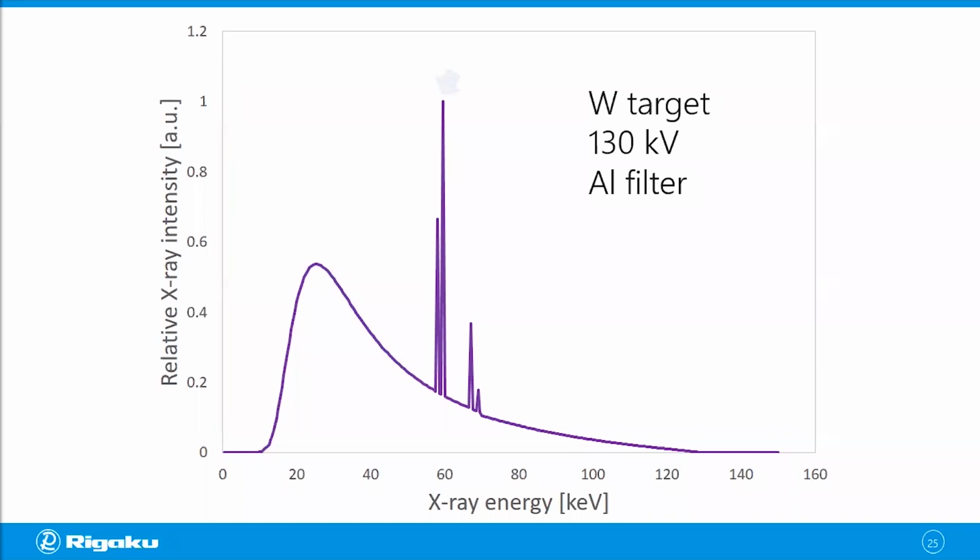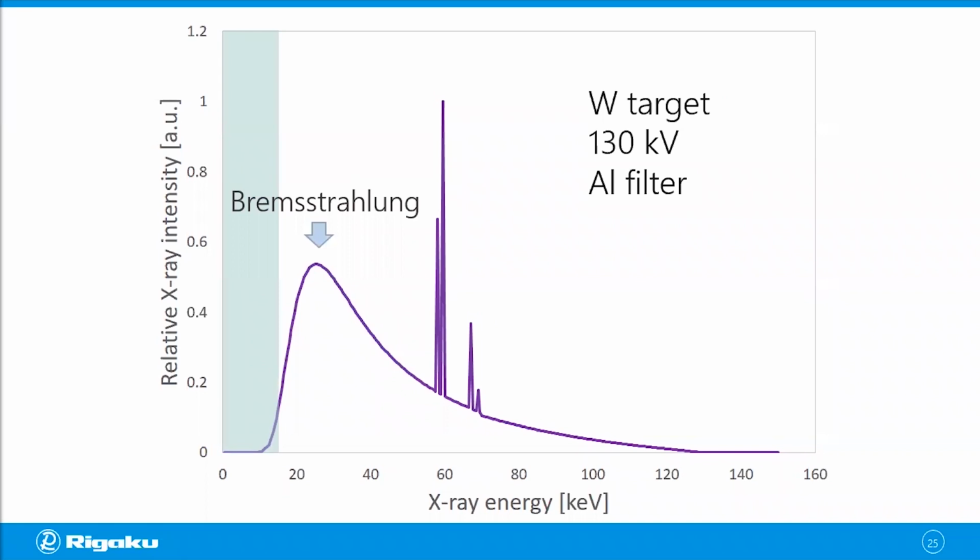You notice that there are some sharp peaks, and those are called characteristic radiations. You also have a broad peak, and this is called Bremsstrahlung radiation. Usually there is a combination of those two, creating a complicated energy distribution in the low energy range, and that is cleaned up by adding a filter.